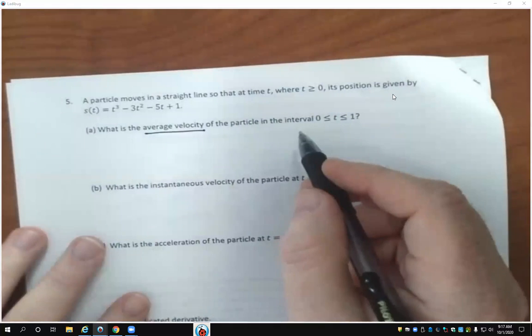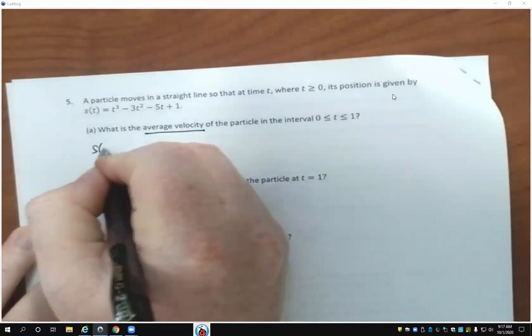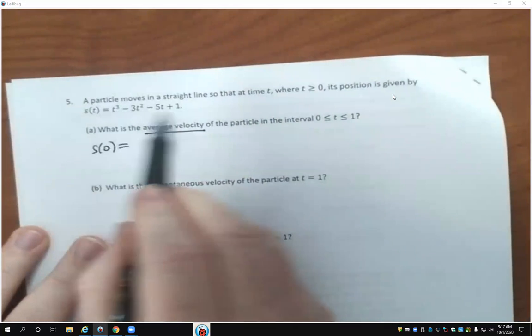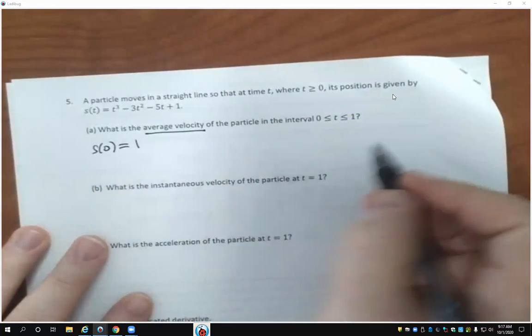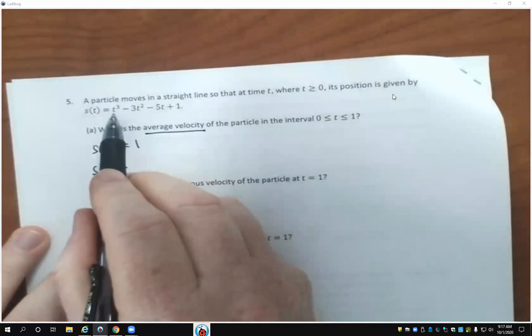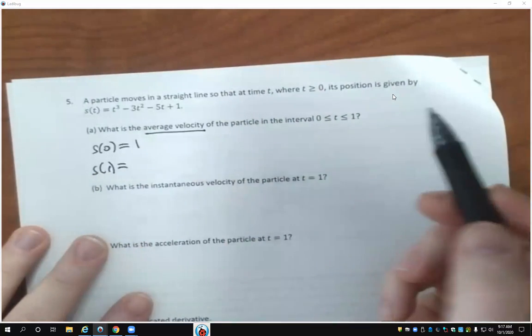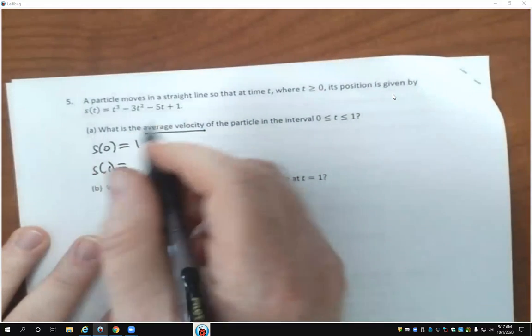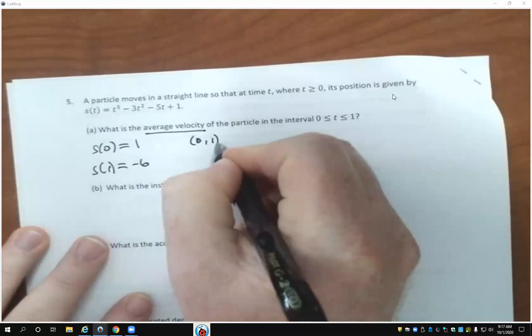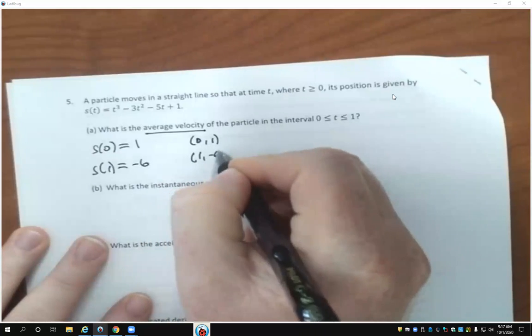So we have to find S of 0. The math is actually easy on this one. It's 1. And we have to find S of 1, which means plugging 1 into our position function. When we do that, we get negative 6. So you have the 2 points, 0, 1 and 1, negative 6.